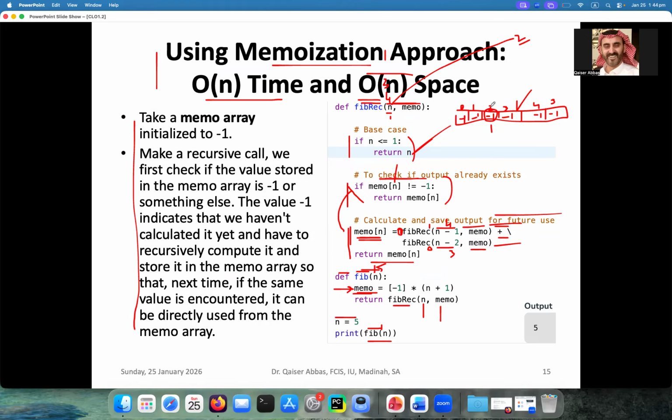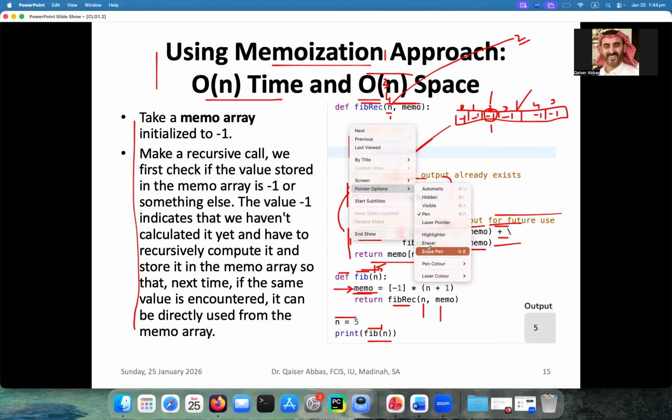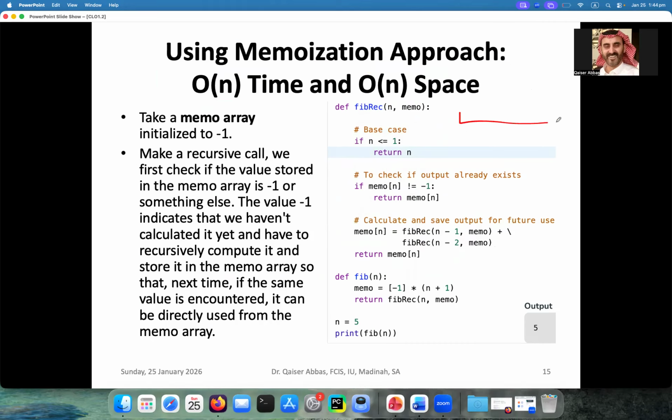We have only this one, and then I am removing all these drawings. So this is index 0, this is 1, this is 2, this is 3, this is 4, this is 5. And then I set all to -1 except this; now it has become 1.